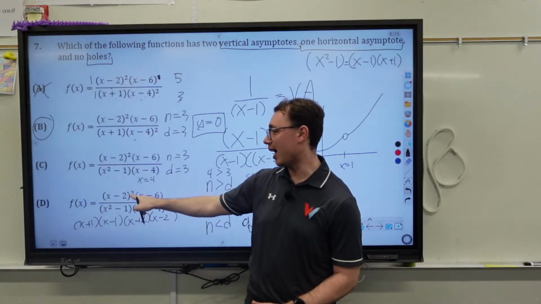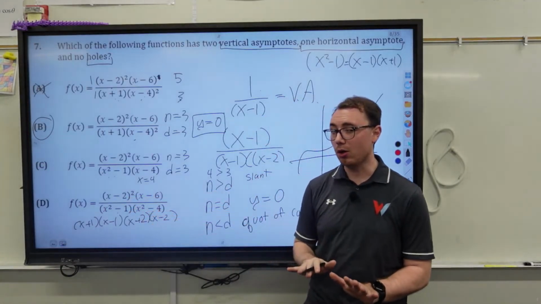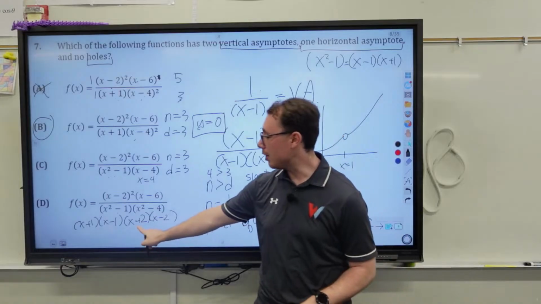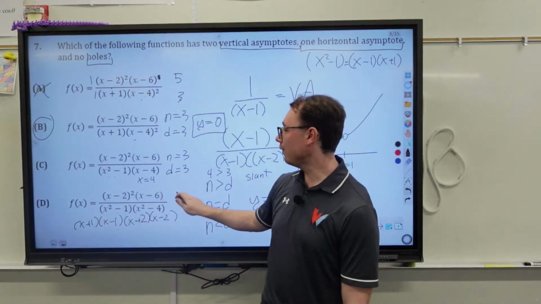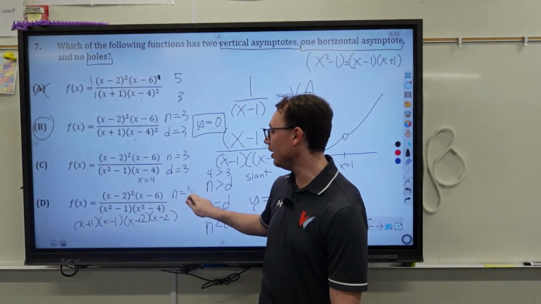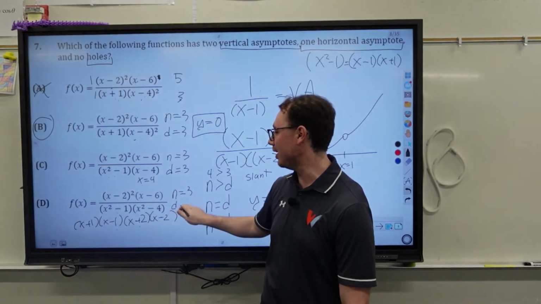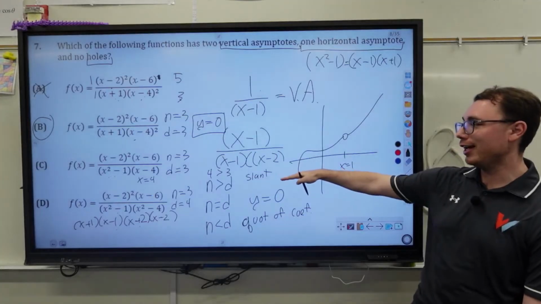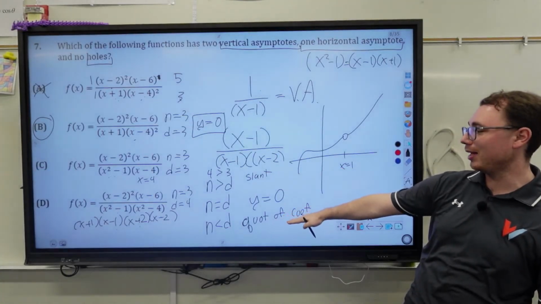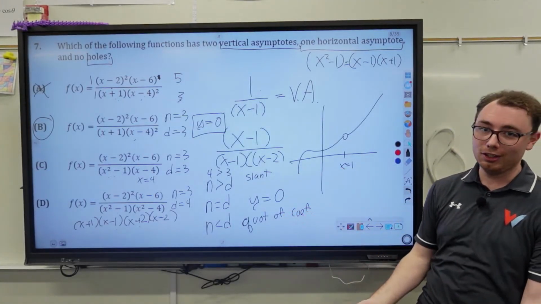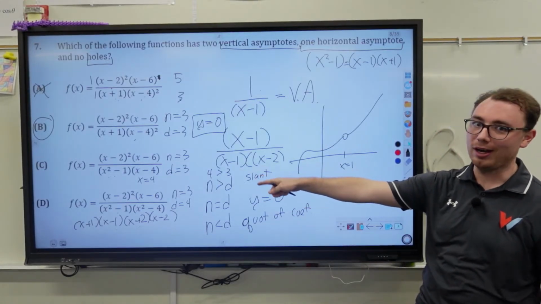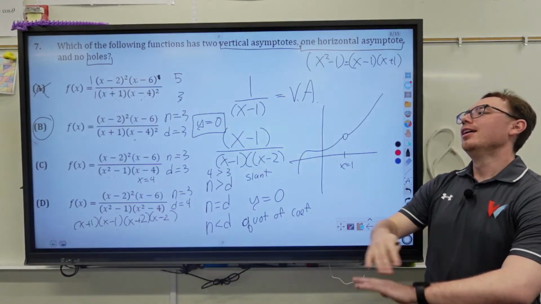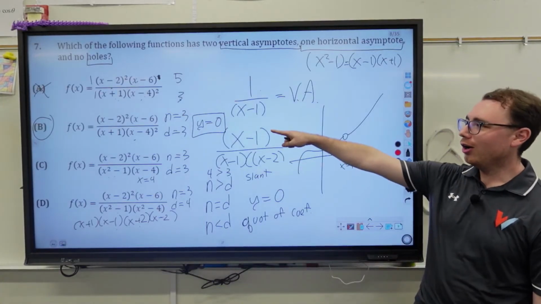Even though the degree is higher in this case, they still create a hole at x equals 2. And there's 3 vertical asymptotes in this case. The degree for the numerator here is n equals 3. The degree for the denominator here is d equals 4. So it's this bottom case where it's the quotient of the leading terms, so there is a horizontal asymptote at 1 over 1, y equals 1, for D. Overall, our answer is B.